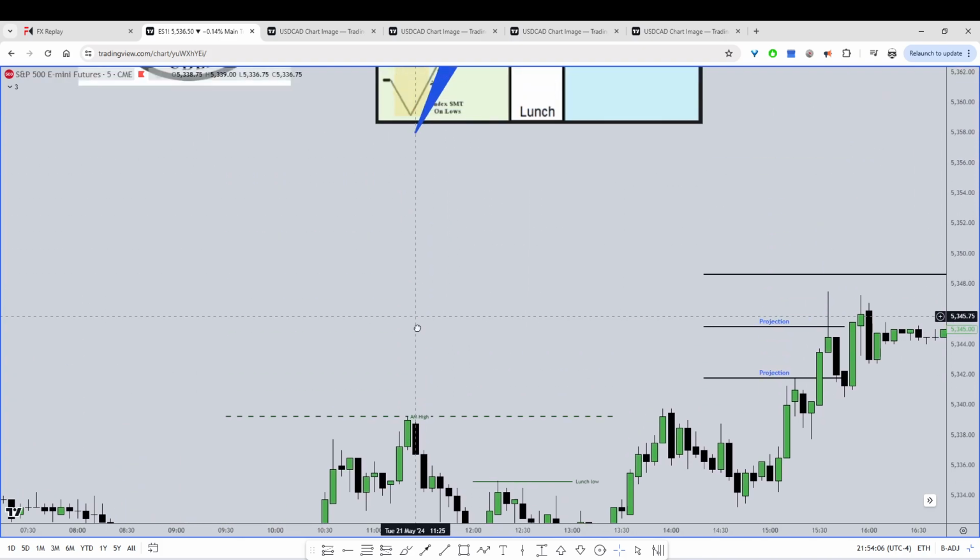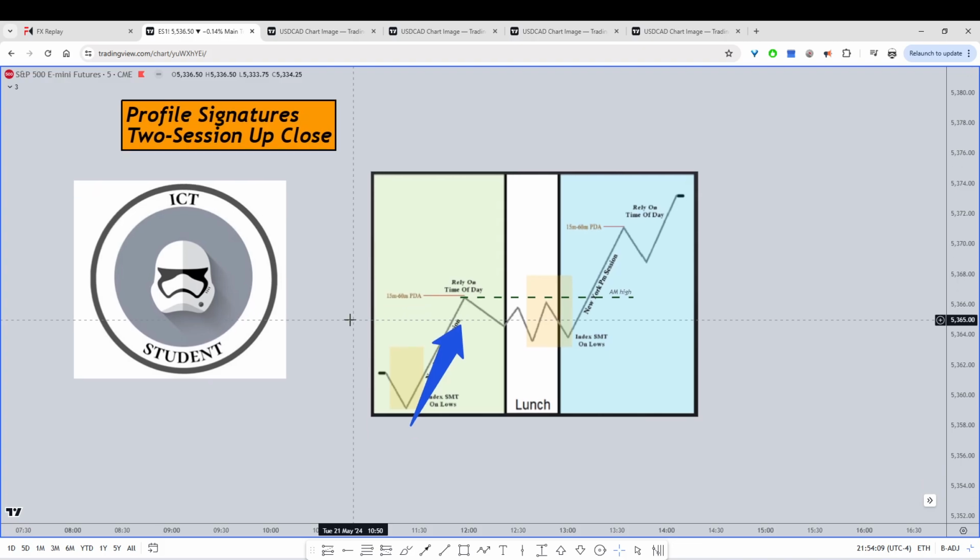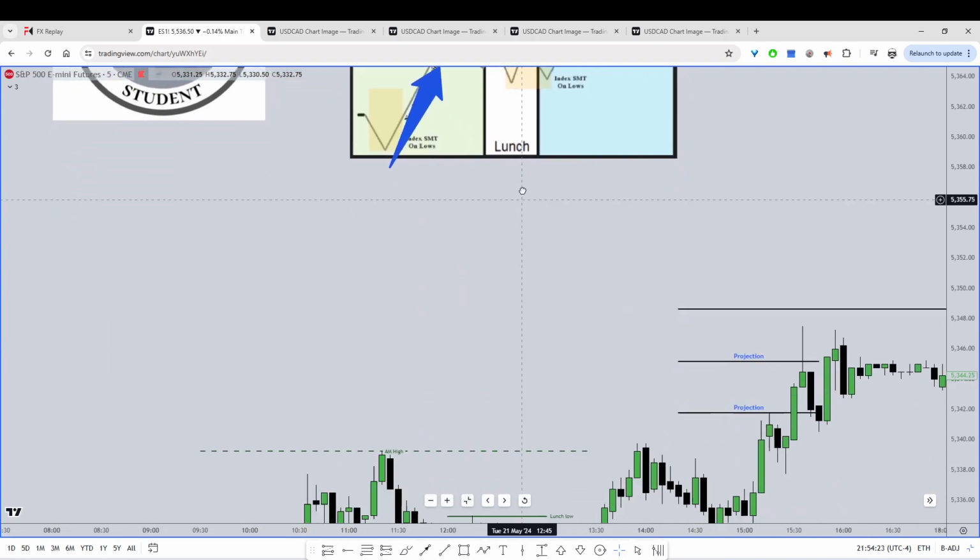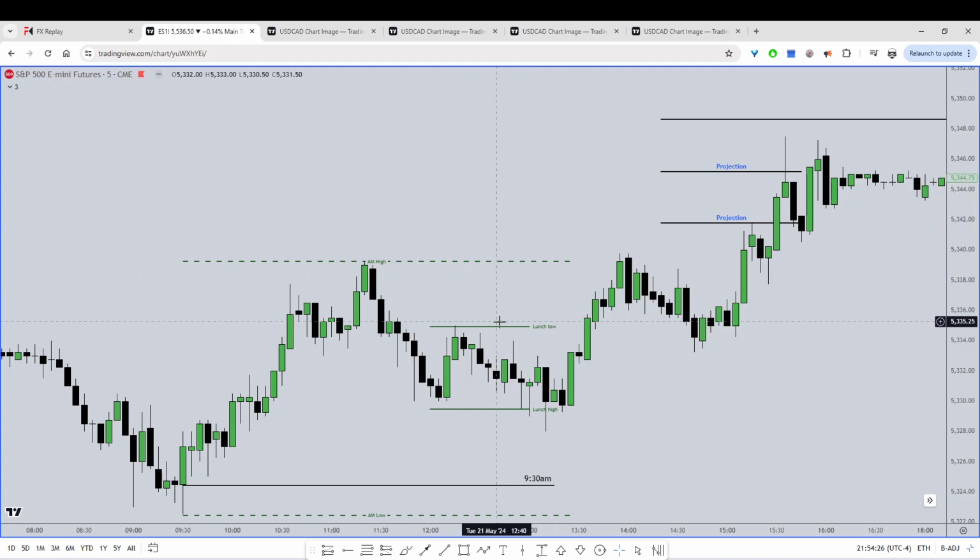So the profile signature is that we have an AM session rally, we're taking a PM session trade, and we're using the lunch range to frame our entry to get to the AM high or work the projections. So the last thing on projections, wherever your displacement is, you're taking the swing high and swing low preceding the displacement. So in this case, we're basically using the lunch range from this high to this low.